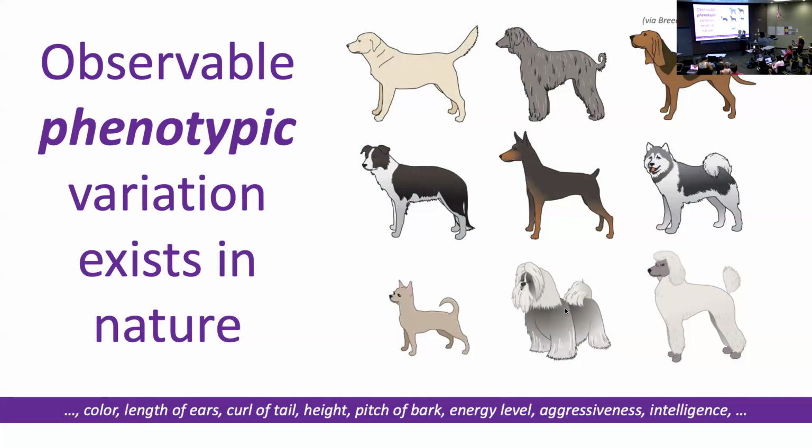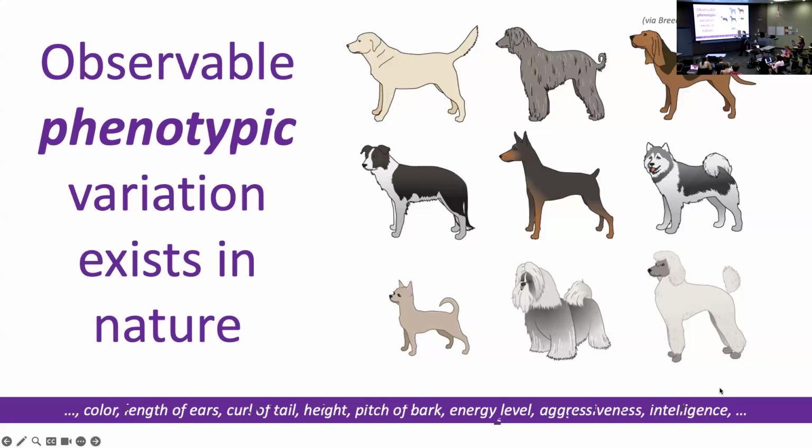So where we left off, we've been talking about phenotypic variation and where it comes from, genes or the environment. There's obviously a lot of phenotypic variation in organisms around us. By that I mean different color, different length of ears, different curl of the tail, different height, different pitch of the bark, and behavioral differences too. A lethargic dog, an aggressive dog, an intelligent dog, and so on.